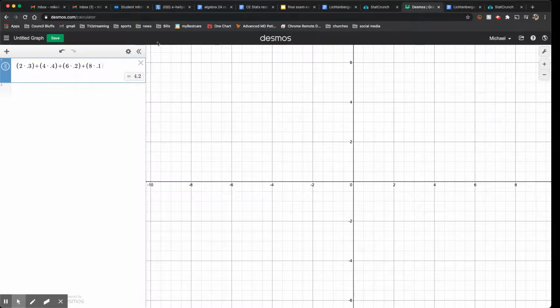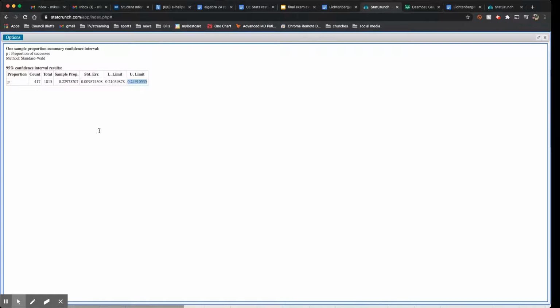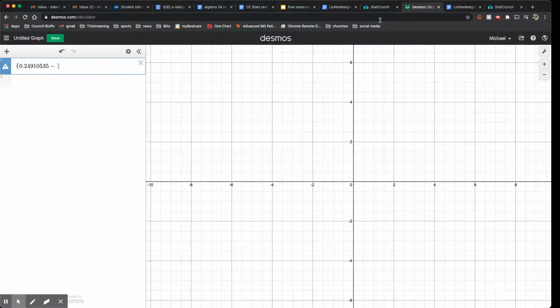I'm going to copy and paste into Desmos. Okay, so we're going to take the upper limit minus the lower limit divided by 2.